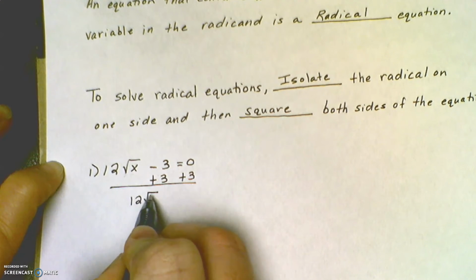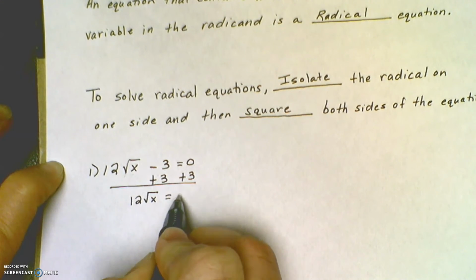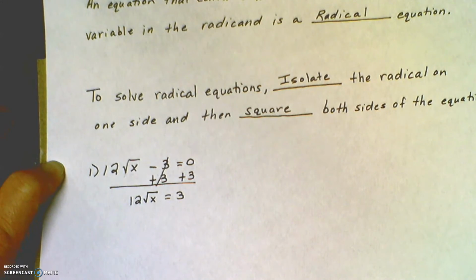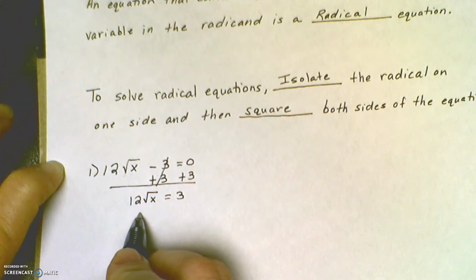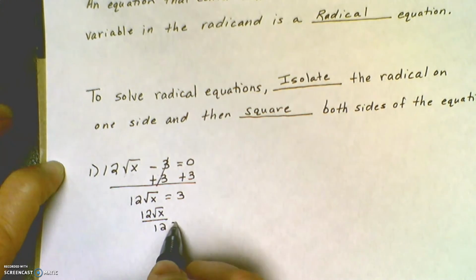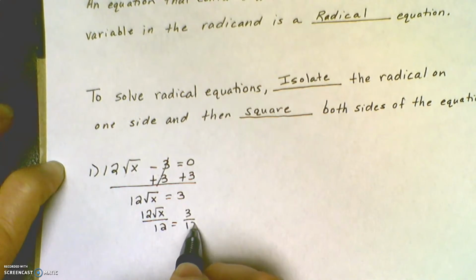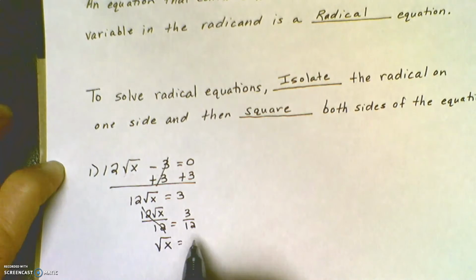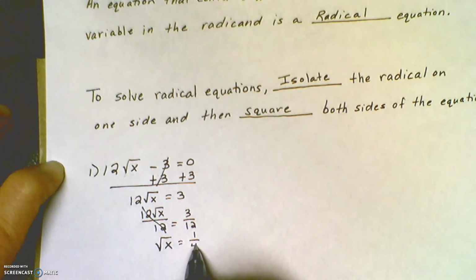This leaves 12 square roots of x equals positive 3. 12 times the square root of x, we will do division, divide both sides by 12. Square root of x equals 3/12, which reduces to 1/4.